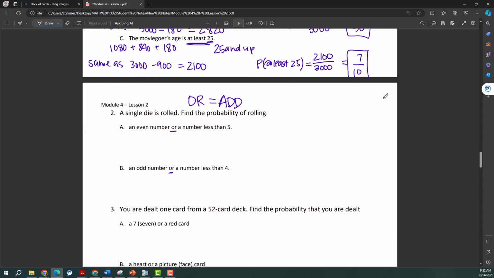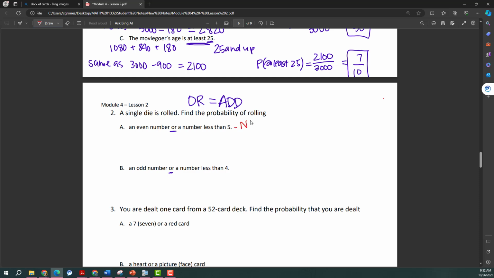Let's do red. It says a single die is rolled. Find the probability of rolling an even number or a number less than 5. So are these mutually exclusive or not mutually exclusive? Can these events occur at the same time? Yes, you can have an even number and a number less than 5.